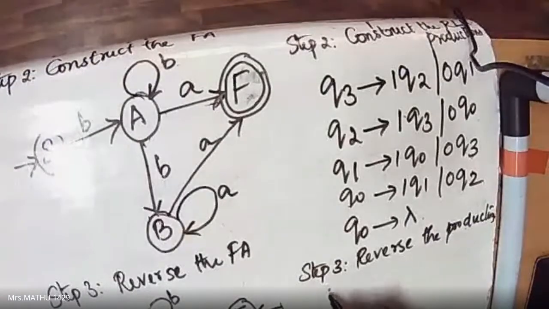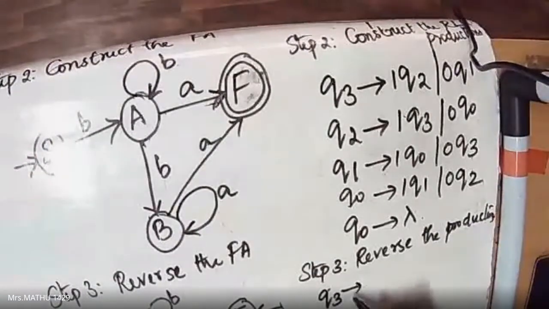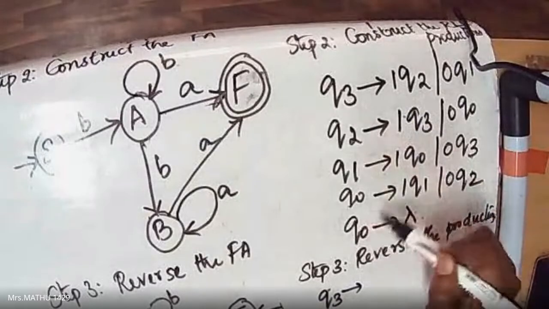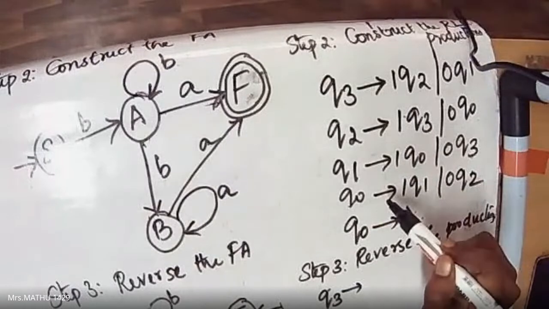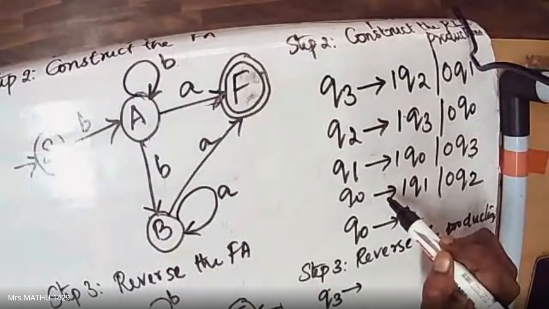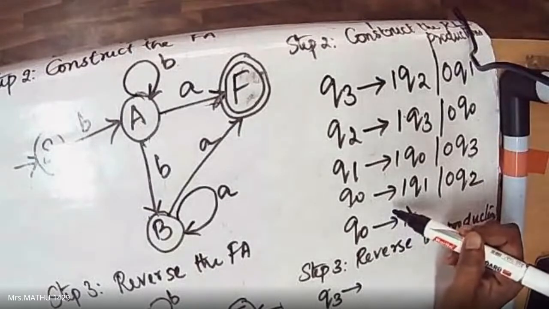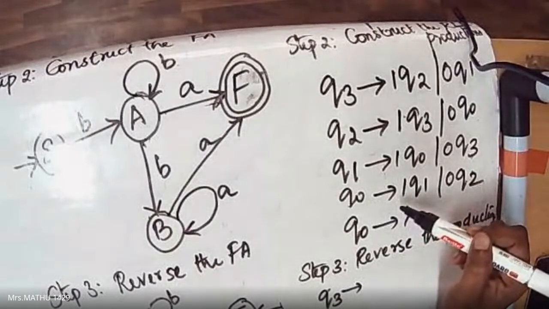The reverse is very easy. From Q3, this one, Q2 can be written as Q2 1. Now in this case, which are all the variables actually? Can anyone say? In this grammar production, which are the variables and which are the terminals? Input symbols.